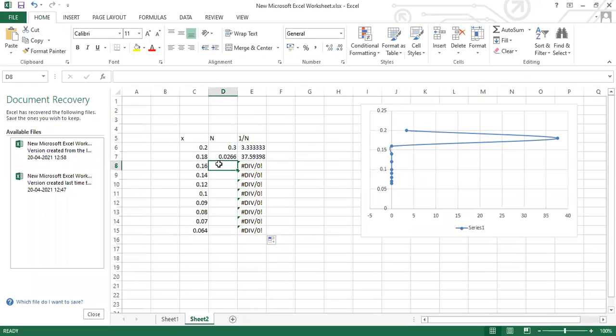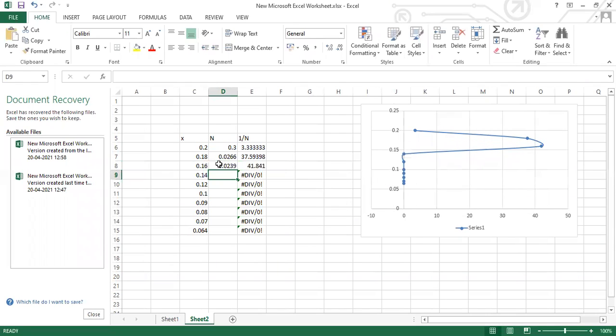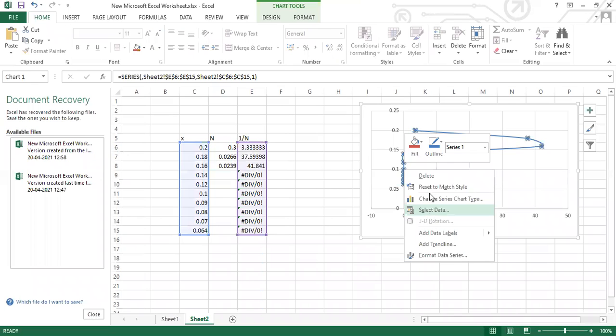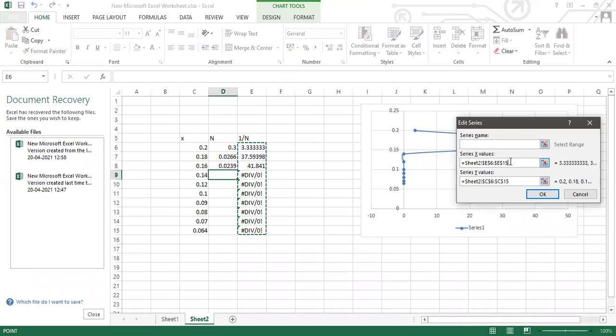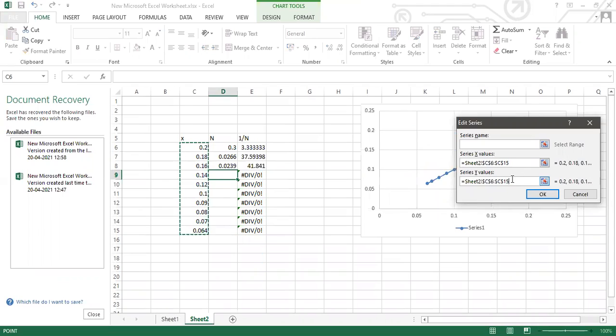So if I do it, then 0.06266, 0.0239. Here I took a wrong value; here I could take this one.